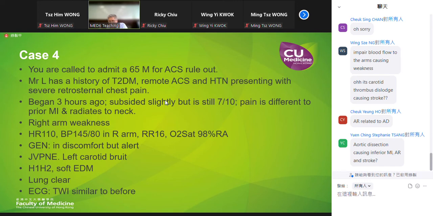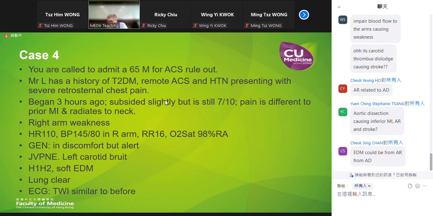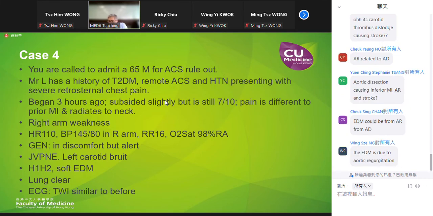You have to add things together. Dissection can cause inferior MI and stroke, of course. You can dissect down, causing valvular irritation. You can dissect into the coronary and cause an MI. You can dissect up the neck to cause carotid dissection.